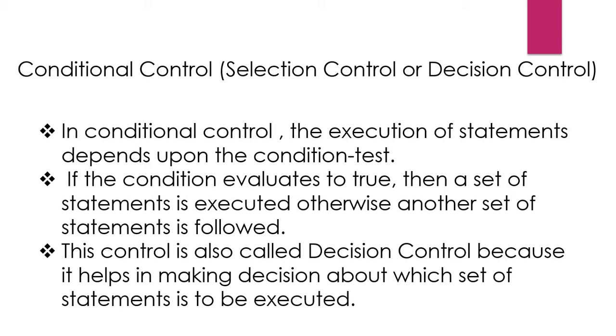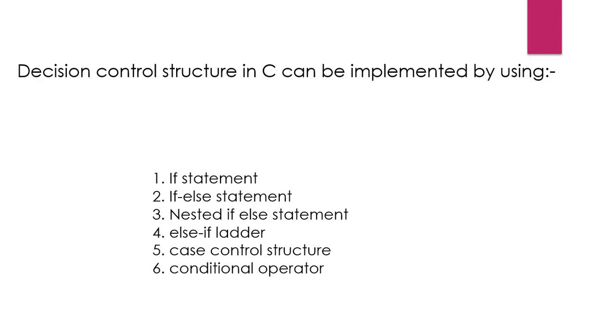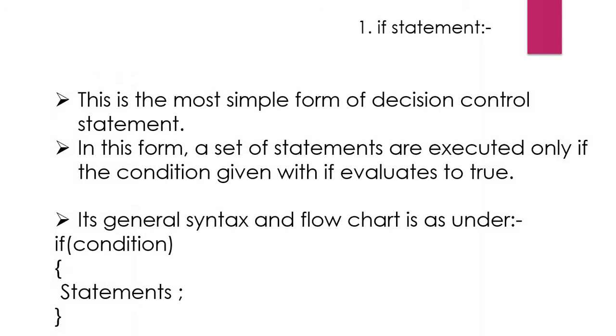This control is also called decision control because it helps in making the decision about which set of statements is to be executed. It can be implemented by using different types of control statements such as the if statement, if else, nested if, else if ladder, case control and conditional operators.